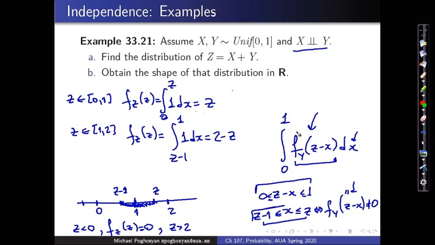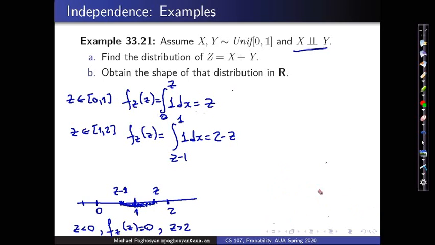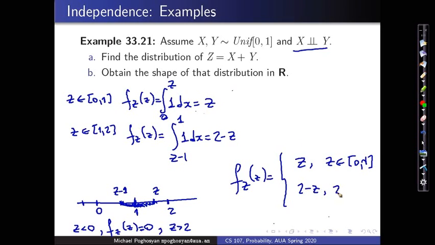And combining all this, I will obtain the following. f_Z at the point z is equal to z if z is between 0 and 1, 2 minus z if z is between 1 and 2, and 0 otherwise.